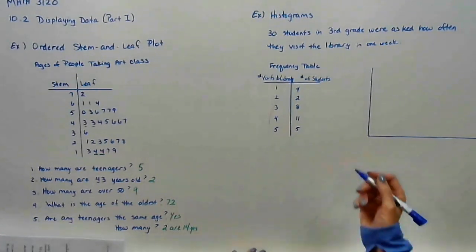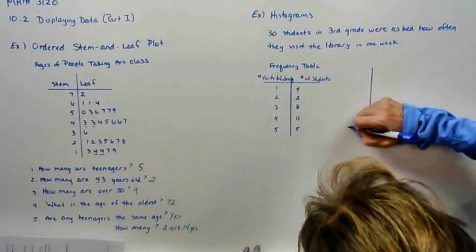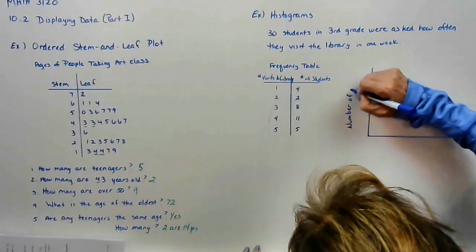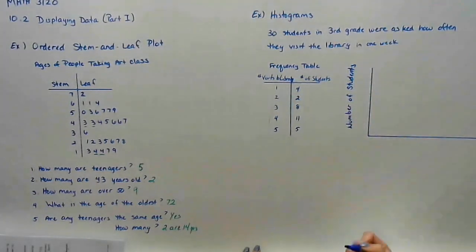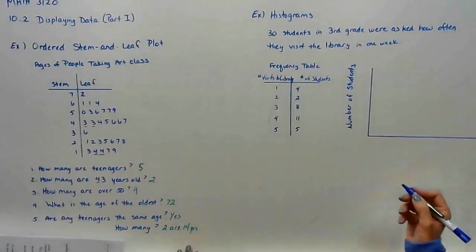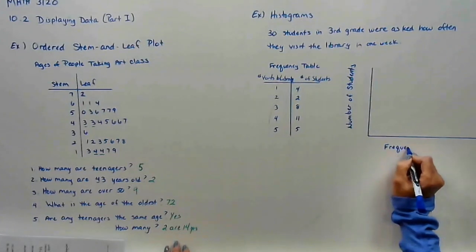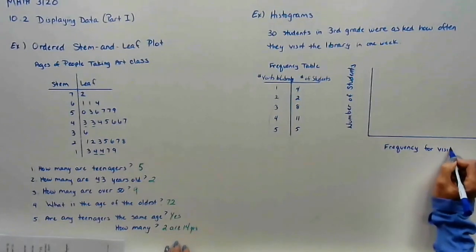So I'll do on this side the number of students. And on the horizontal, we're asking how often did they visit the library. So I'm going to have frequency for visiting the library, or library visits.